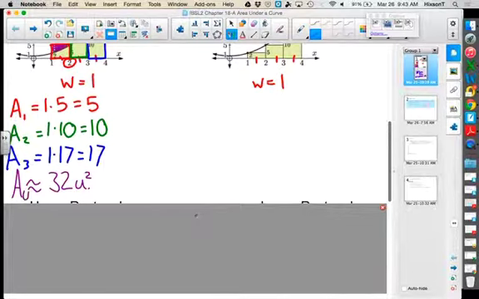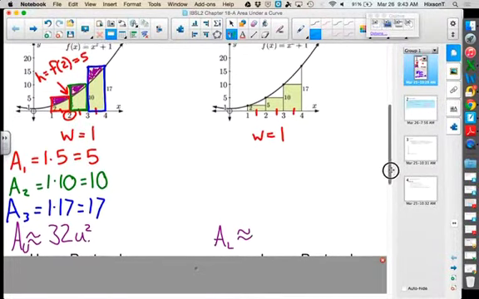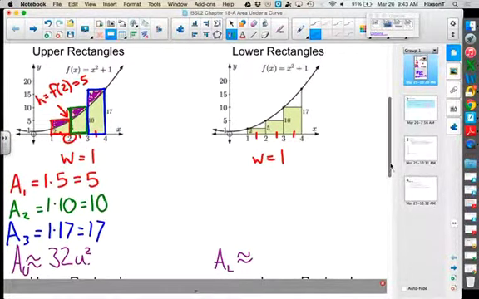We can find the area of the lower rectangles to approximate our area. Notice the difference here is that instead of using the right-hand side of each interval to make our rectangle, we use the left-hand side of each interval.